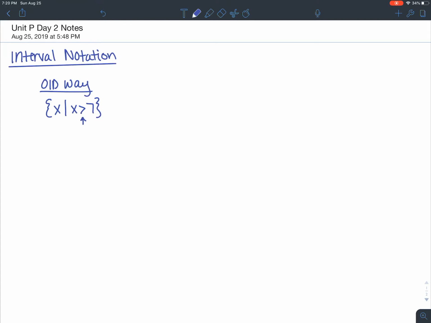When we write it in interval notation, we use parentheses and brackets. If it is greater than or less than, we use parentheses, as well as with infinity. It's only less than or equal to, greater than or equal to, that we use brackets. So we would write parentheses 7 all the way up to infinity.